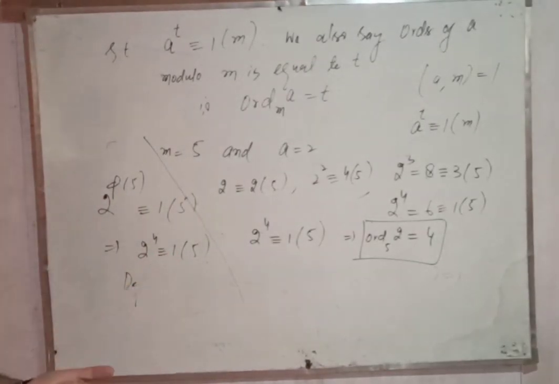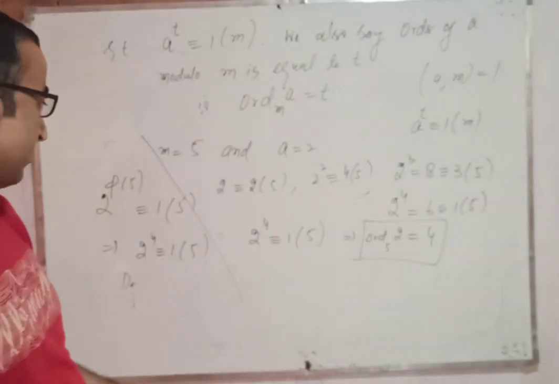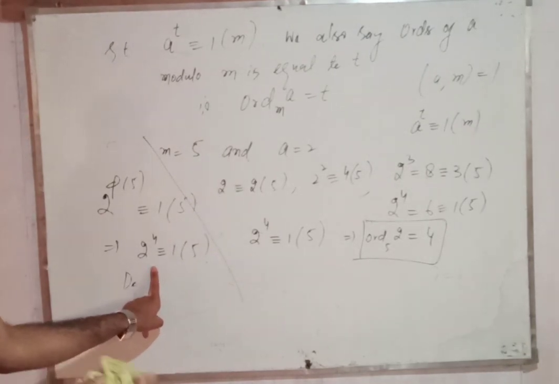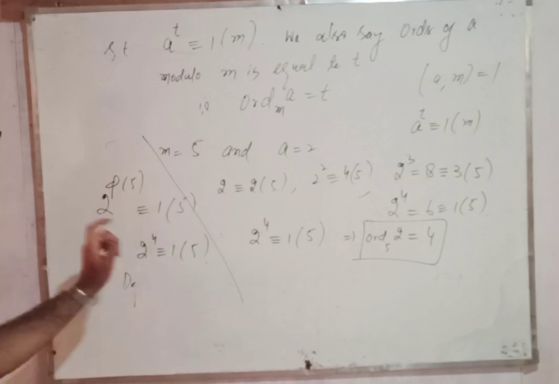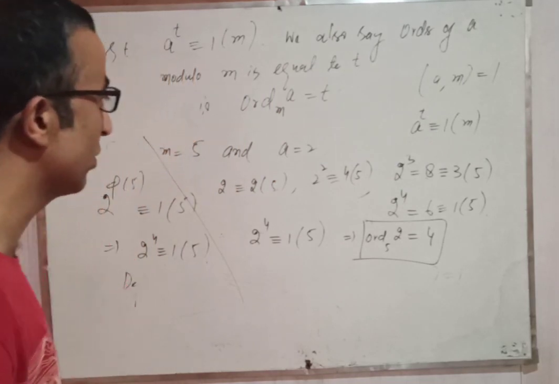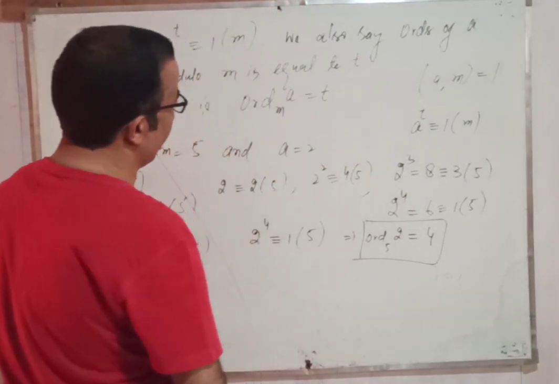So you don't have any integer smaller than the integer given by Euler's theorem. The smallest integer is here the integer given by Euler's theorem, which says a power phi of m is congruent to 1 mod m. Here phi of m is 4, so the order of 2 modulo 5 is equal to 4.